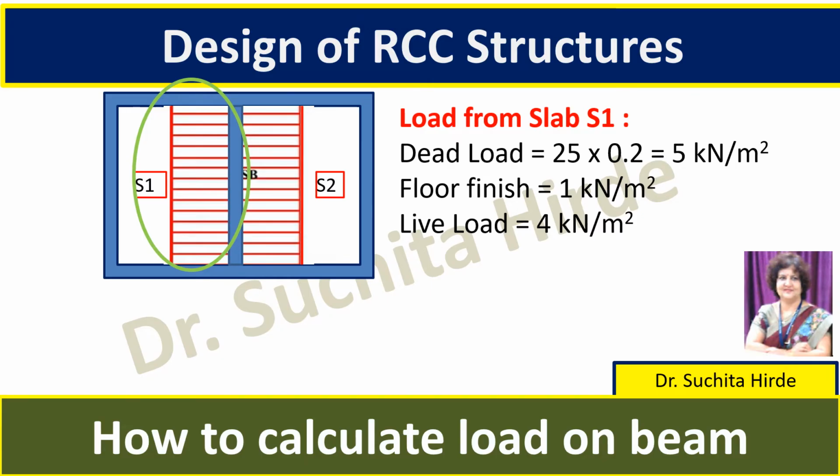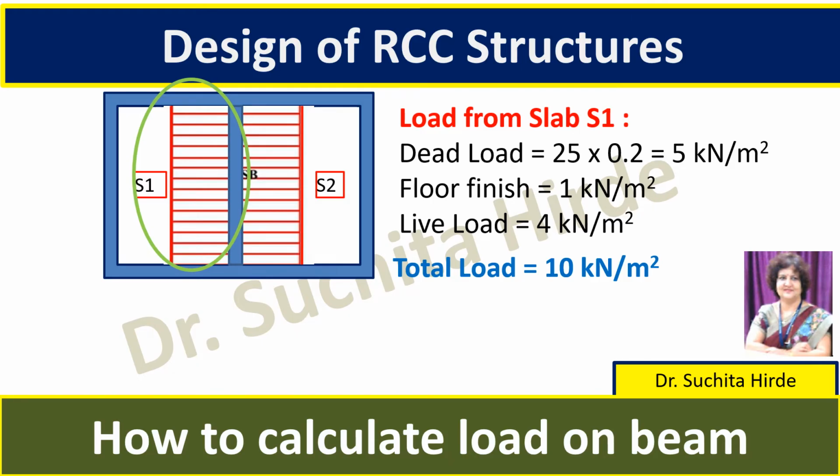Floor finish is given in the problem, that is 1 kN per meter square, and live load is 4 kN per meter square. So let us add this load. If you add this, you will get 10 kN per meter square. What does it mean? It means that on 1 meter by 1 meter area of slab, total load is 10 kilonewton.